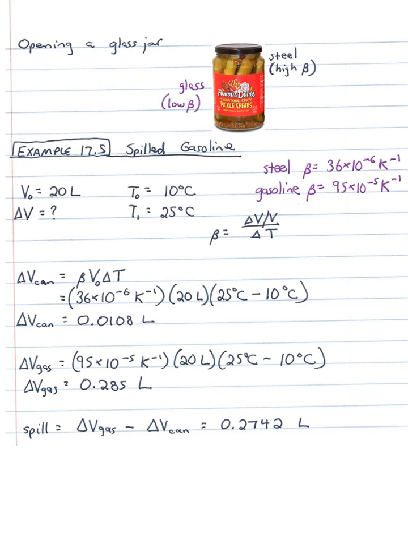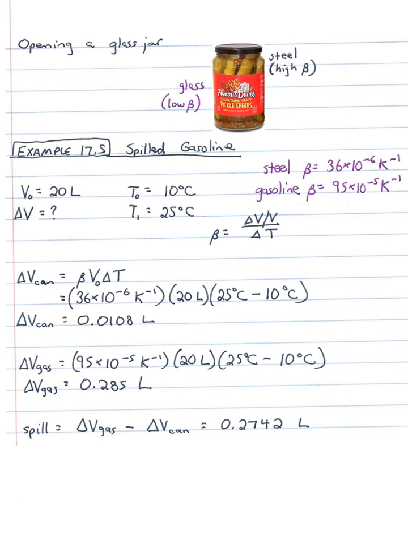Well, steel has a higher coefficient of volume expansion than glass. And so one trick for opening a particularly tight jar is to run it under hot water. There will be a little bit of expansion of the glass and the steel lid, but the steel will expand more. For a given temperature change, it will expand more than the glass jar.